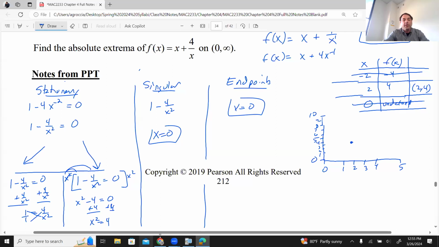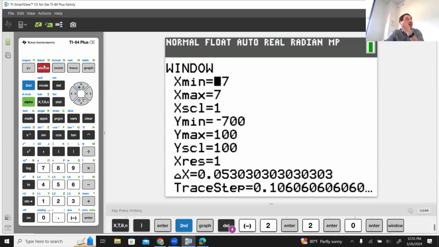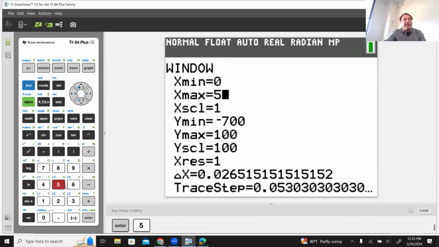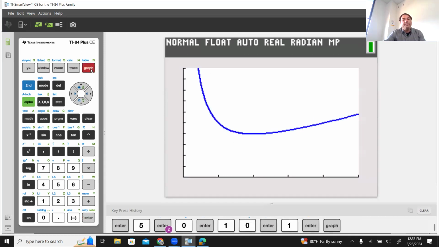Okay, so I go to my calculator, go to window. Remember, we can change this if needed, but I'm going to go from 0 to 5, counting by ones, and 0 to 10, counting by ones. And if it looks good, then we're good. If not, we can always tweak it. Press graph.